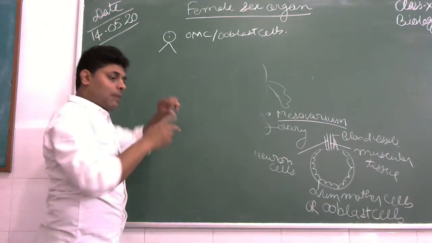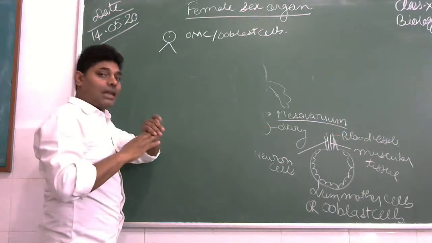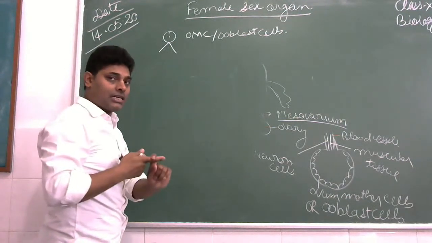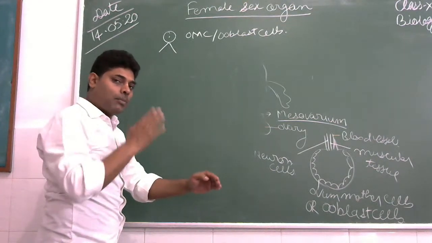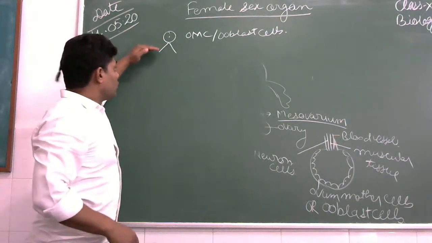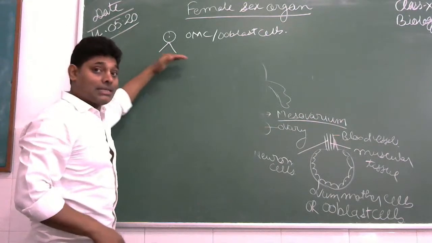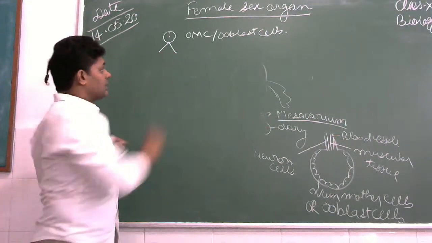You remember mitotic division? Here the chromosome number will not change. In meiotic division, the chromosome number becomes half of the parent cell. So first of all, we need to proliferate or multiply the cells. That's why we need mitotic cell division here.